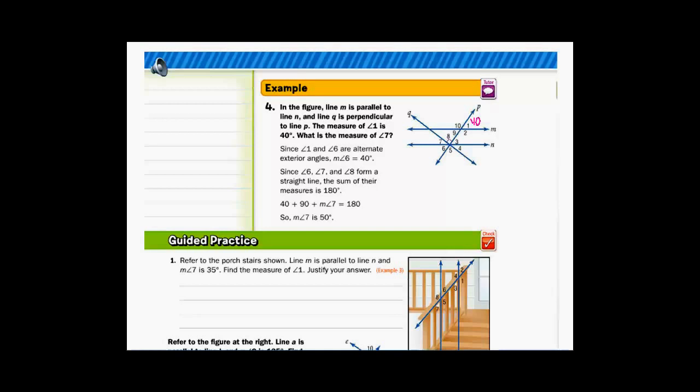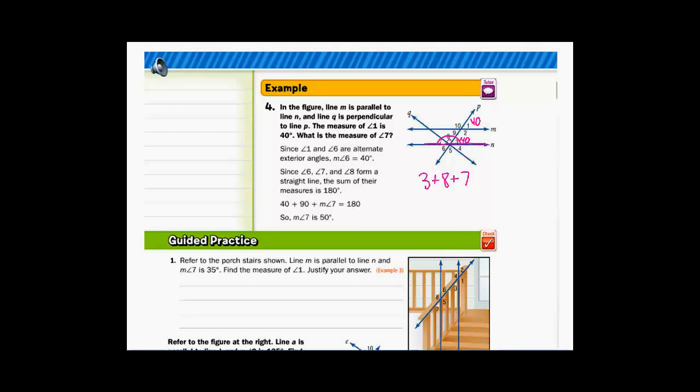So, here's what I know. If angle 1 is 40, that means also angle 3 is 40, right? Because those are corresponding. So I could say that all three of these angles right here, angle 3 plus angle 8 plus angle 7, those all form that straight line right there.